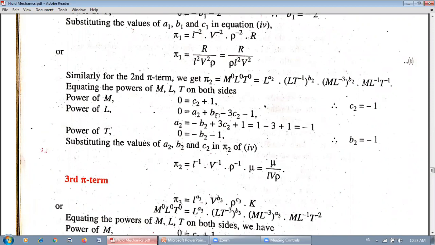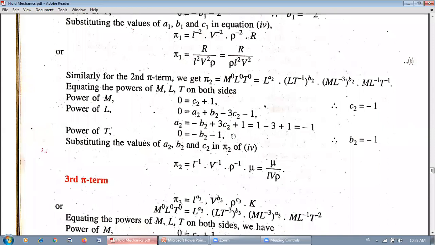So again there are two unknown variables, so you have to go for the power of T. Equate the power of T, then it is 0, which is equal to minus B2, and T is here, minus 1. So we can get B2 is equal to minus 1. Put down the value of C2 and B2, you will get the A2 value.